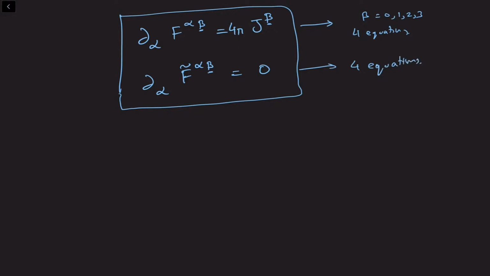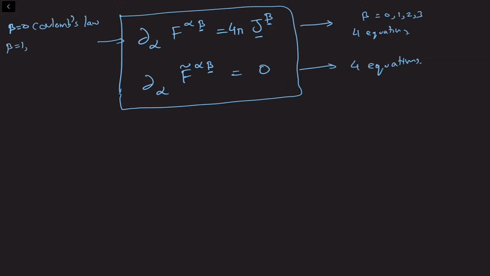And I'll leave it to you to check that this results in Maxwell's equations, by plugging in the field strength tensors and taking the components explicitly. However, one thing that you can see quite clearly is if beta is equal to 0, then the quantity here has charge density. So the 0th component of this would give you Coulomb's law.